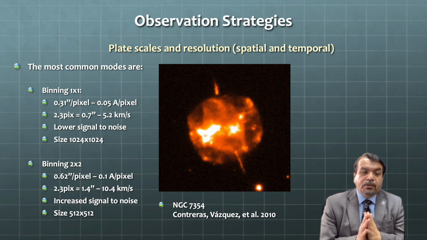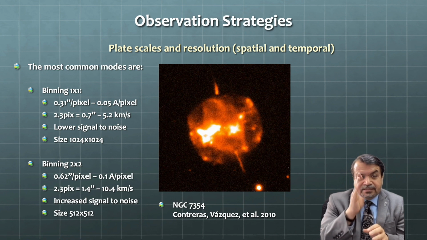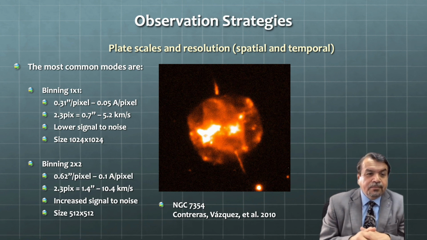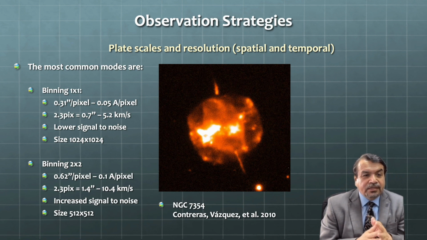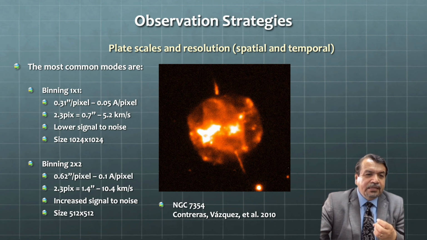The resolution in both axes would be the spatial resolution along the slit axis and the spectral direction of the instrument. For example, the mentioned detector, initially 0.31 arcsec per pixel and 0.05 Å, becomes 0.62 arcsec and 0.1 Å in 2x2 binning.